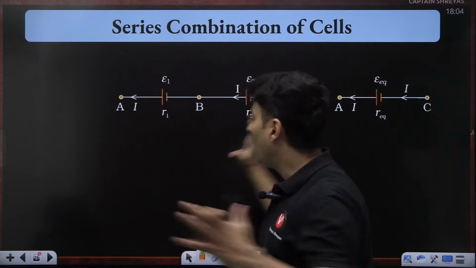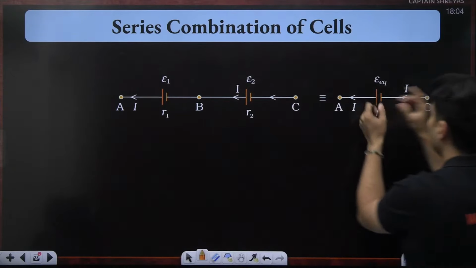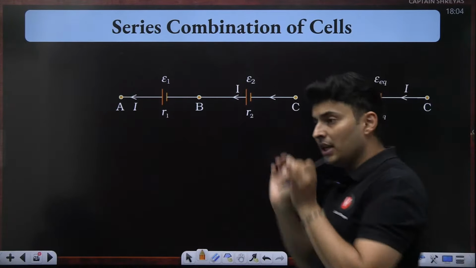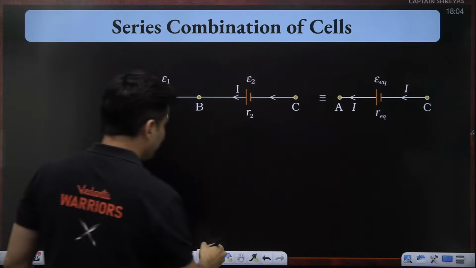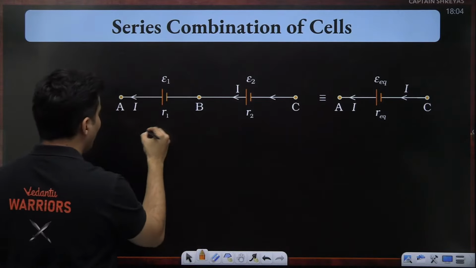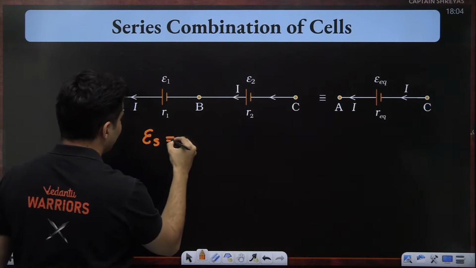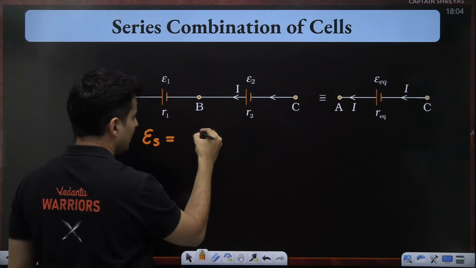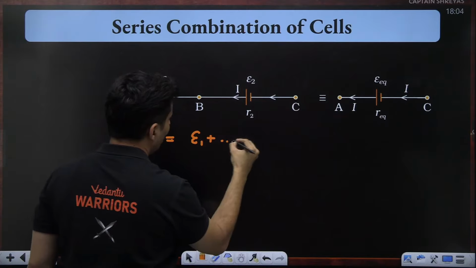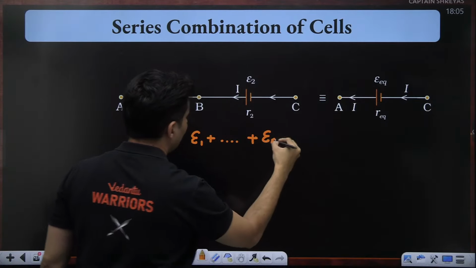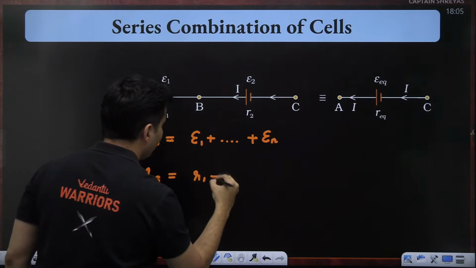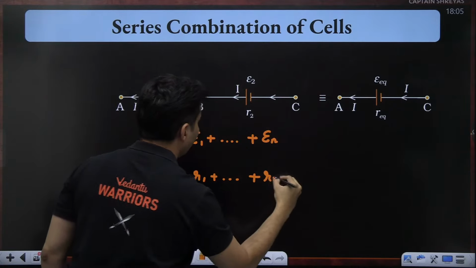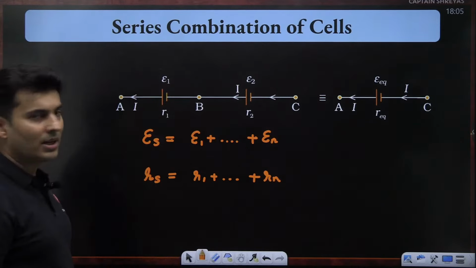You can combine all these batteries and treat it like one single battery with one new internal resistance as follows. The new equivalent series EMF is E1 plus E2 like that till En, and the new equivalent internal resistance is simply R1 plus R2 plus Rn.